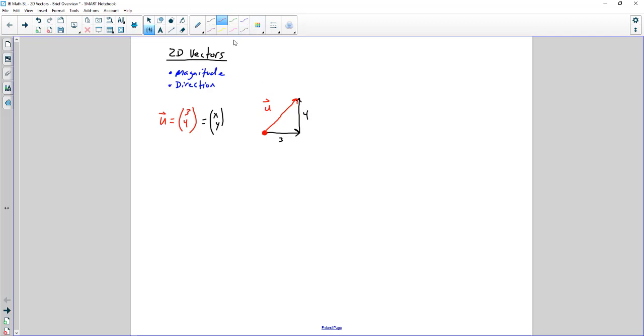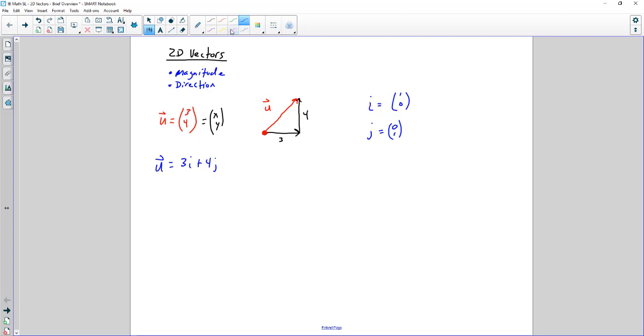Another way you could write this is 3i plus 4j. When I say that, i is itself a vector. The vector i is going to be 1, 0, and the vector j is going to be 0, 1.